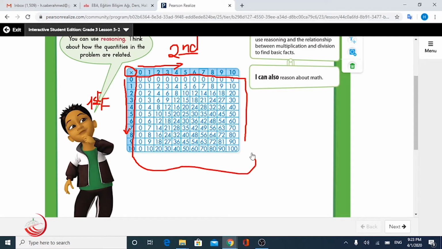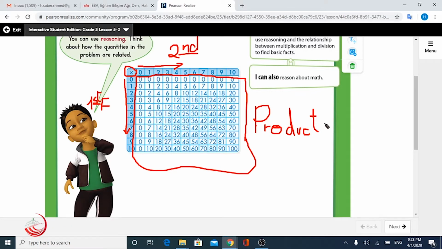P for products. All of these are products. Excellent.